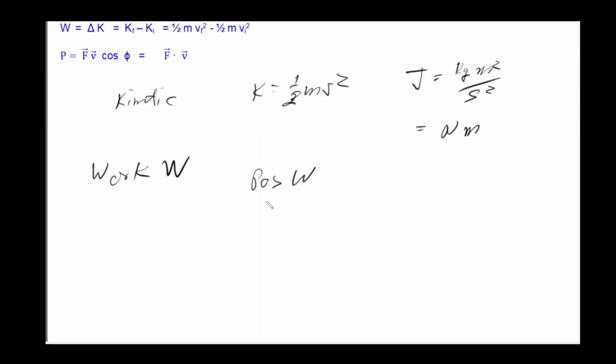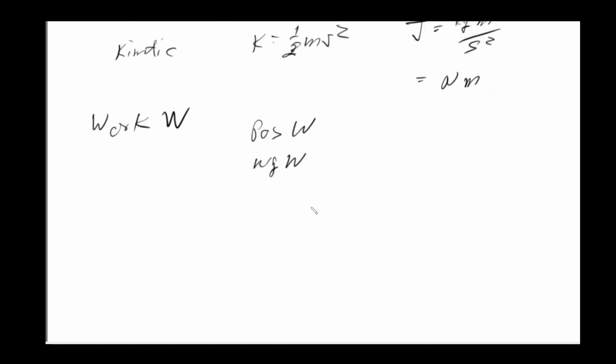If energy is transferred from the object, you have negative work. So another way to look at it is that work is the change in kinetic energy on the object due to all the forces acting on it. The unit of work is also the joule, and it is also scalar.